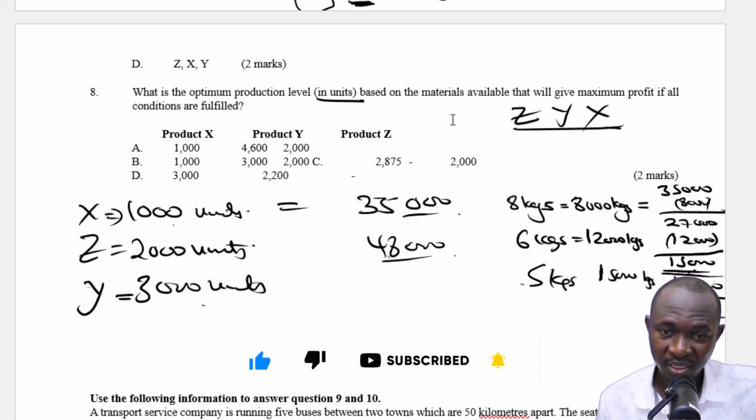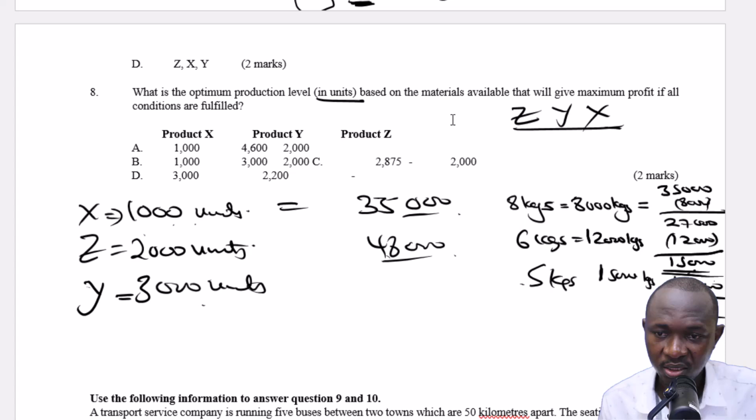So what it means is that 1,000 units of X are going to be produced. Then we'll have a balance of 27,000. Then 2,000 units of Z are going to be produced, and each unit uses 6 kgs. So 2,000 times 6 is 12,000 kgs. Minus this, we have 15,000.